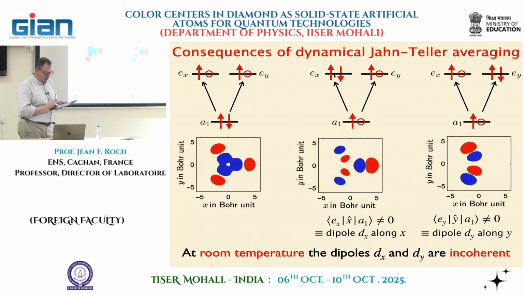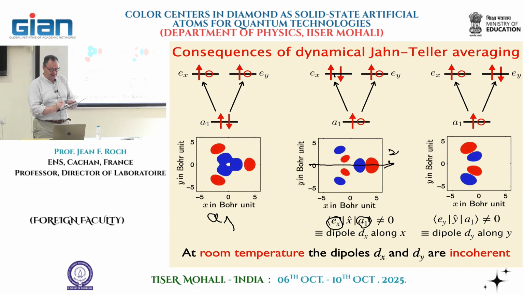This is the matrix element that can couple A1 to AX. A1 is something that is very symmetric. To this, it's an electric field that has to be aligned along the x-axis. So this is associated to a dipole or selection rule along the x-axis.